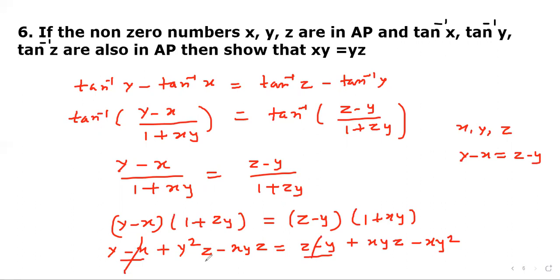Now here we can take common yz. So y minus x equal to, from here we can take common xy. Sorry, we are taking z minus y. But as we know, z minus y, y minus x are equal. So again, these two terms will cancel out. So we will be left with yz equal to xy, and this is the required result.